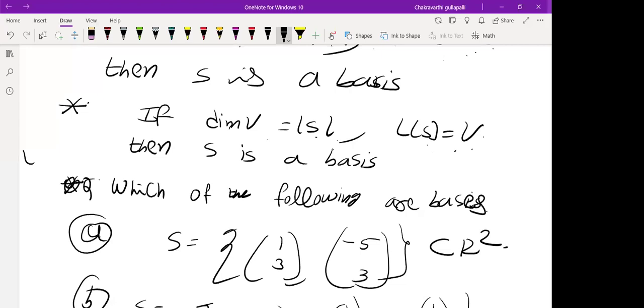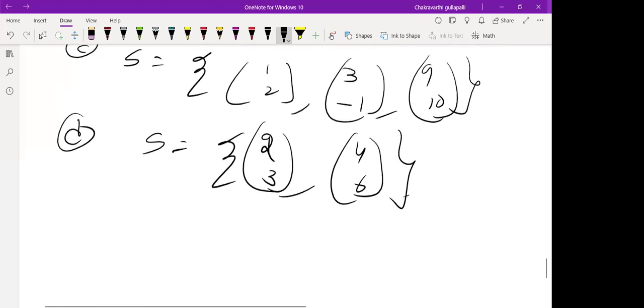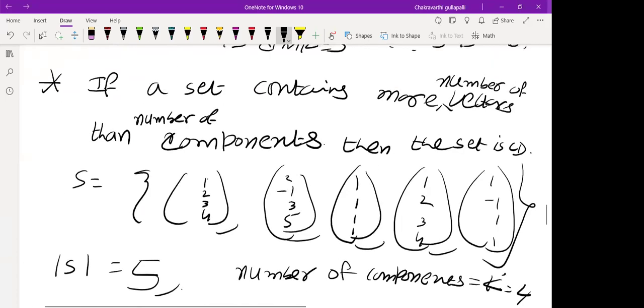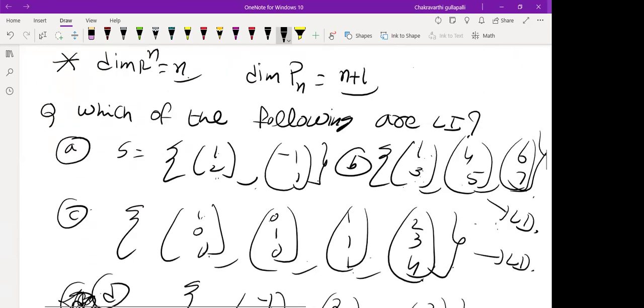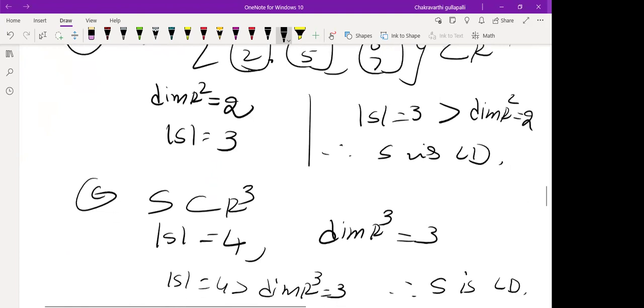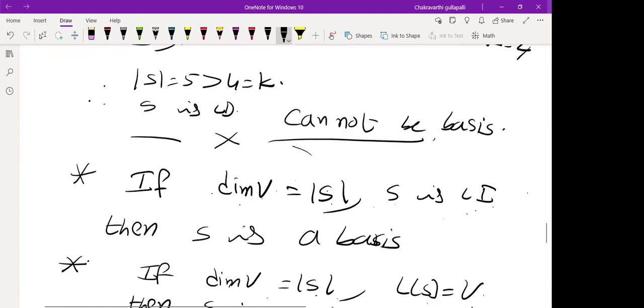R2 space. S is subset of R2 space. And how many vectors are there in S? 2 vectors. What is the dimension of R2? 2. Both are coincident. So according to this property, whenever they are equal, if it is independent, automatically it is basis.